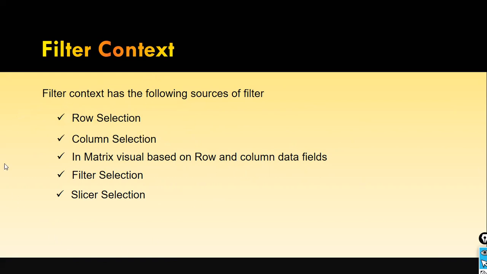So these are called your filter context. Don't think only the slicer selection and filter selection alone are called filter context. Context is kind of a confusing thing. Just remember filter. How can you apply a filter? Using a slicer, you can apply a filter also. But the row selection, when you select, let's say a specific row, each row, look here.